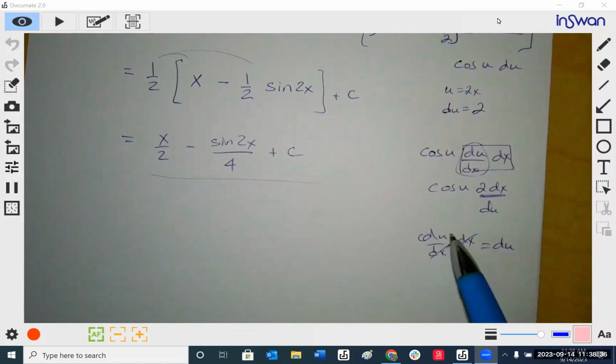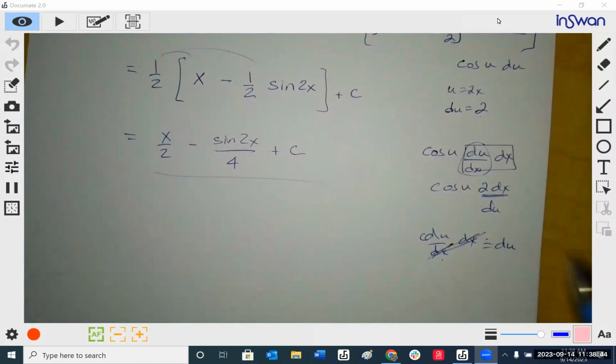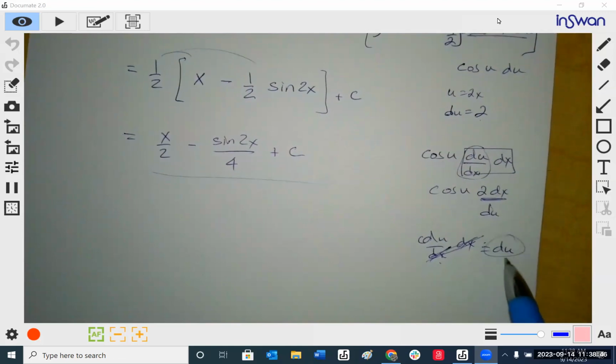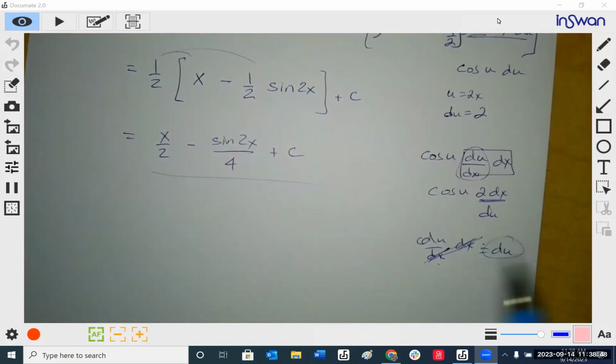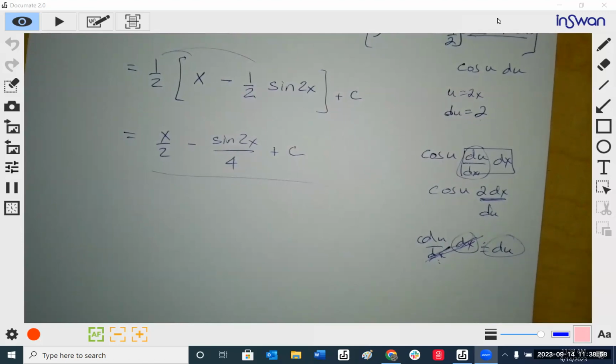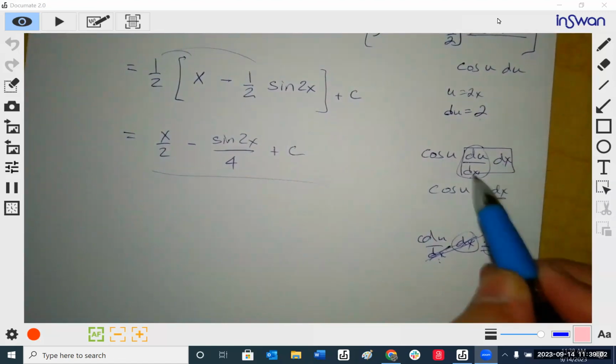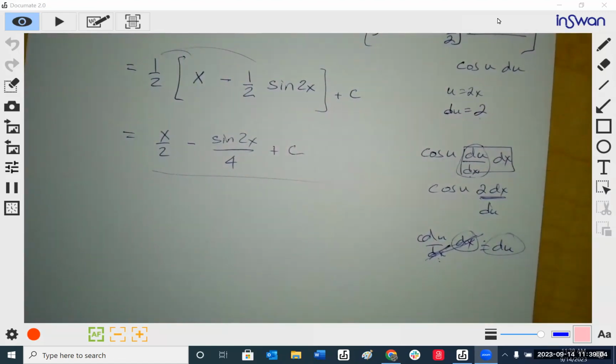So it would be grammatically correct to put du over dx times dx, but that's the same thing as putting du. It's implied. Remember, u is a function of x, so du is a derivative with respect to x. That's why you don't have to put all this dx stuff.